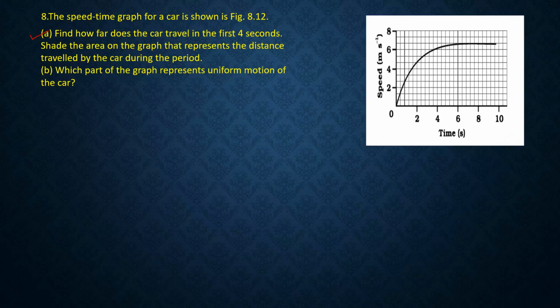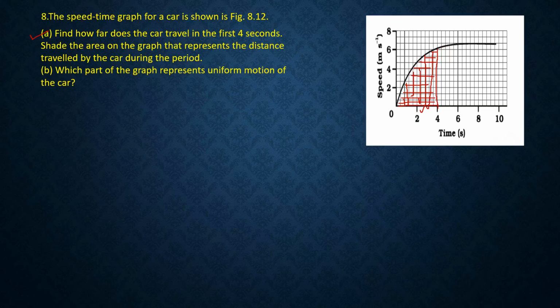This is a speed time graph, so we know that the area under the graph represents the distance covered by the car from 0 to 4. We have to calculate this area. This area is equal to the area of a triangle. Base is 4, height is 6. So the area will come out to be 1 by 2 base into height, that is 12 meter.